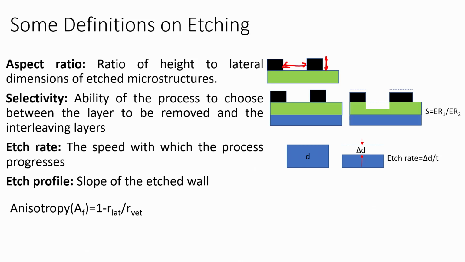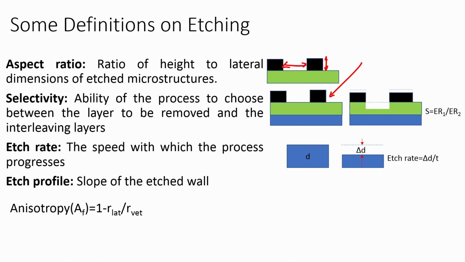Second is selectivity. What is selectivity? Selectivity is the ability of the process to choose between the layer to be removed and interleaving layers. So, if you see this example, what are we doing?